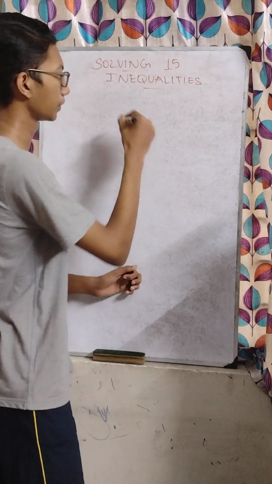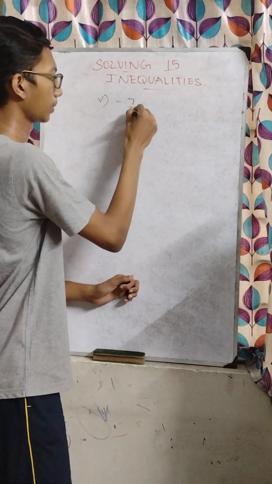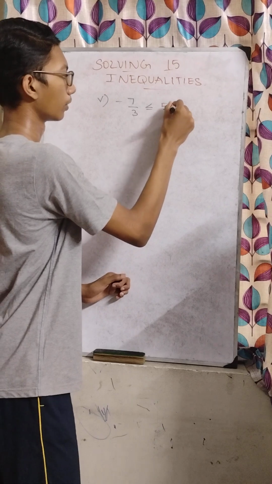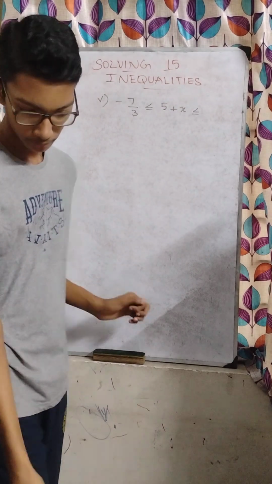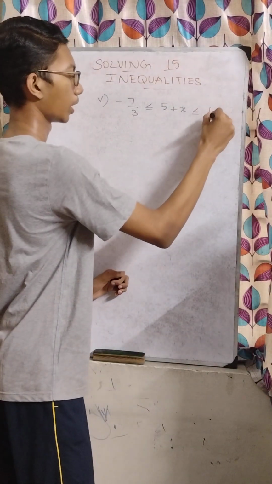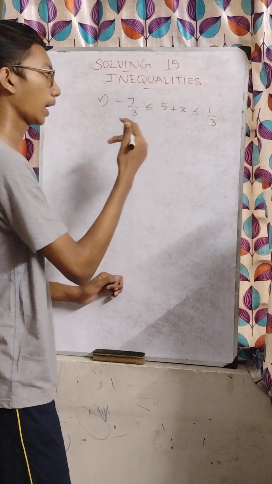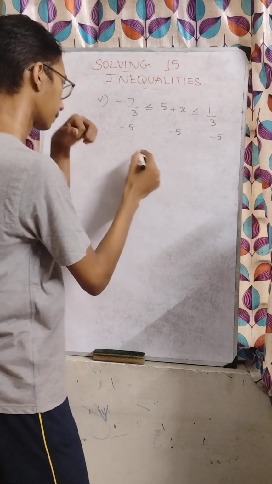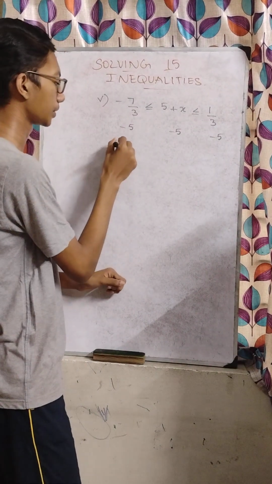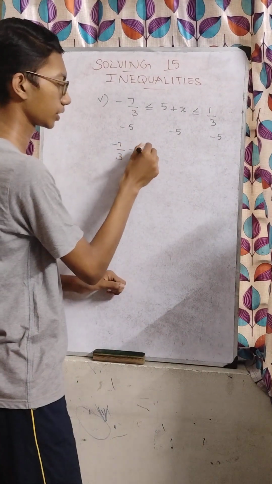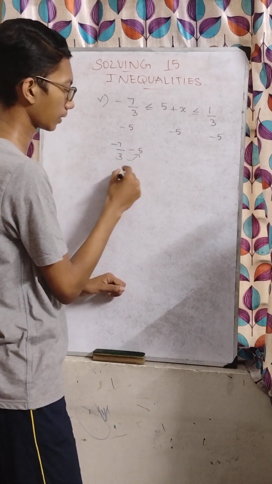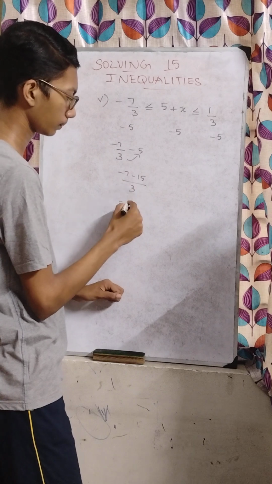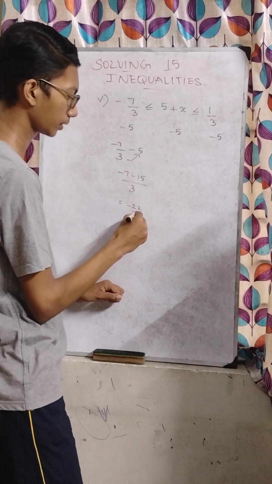The next one is the fifth one: minus 7 by 3 less than or equal to 5 plus x less than or equal to 1 by 3. Again, doing the same thing, subtract 5 from all these. For this we need to take the LCM. Minus 7 by 3 minus 5 gives minus 7 minus 15 by 3, which is minus 22 by 3.